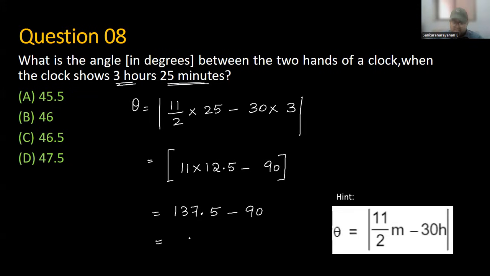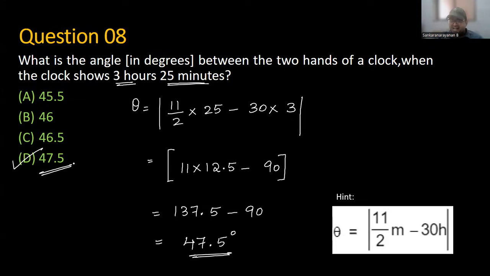And on calculation, we can say this value will be coming as 47.5 degrees. Got it? So going by the options, option D reads 47.5. So for this question, option D is going to be my final answer.